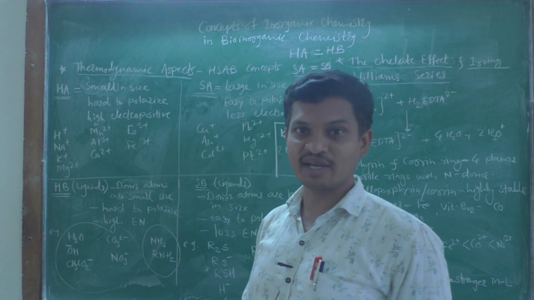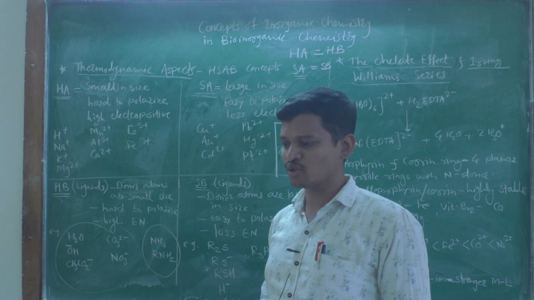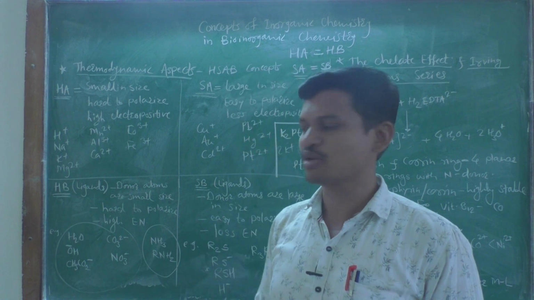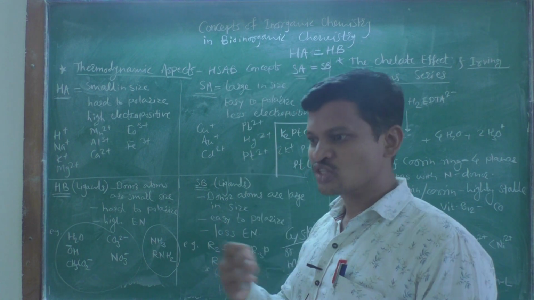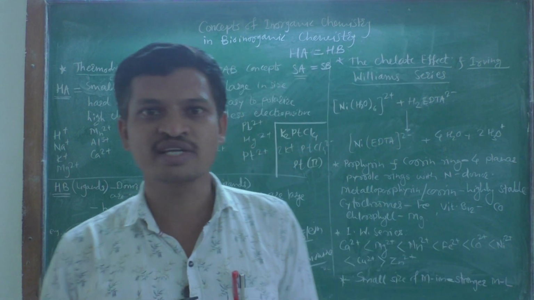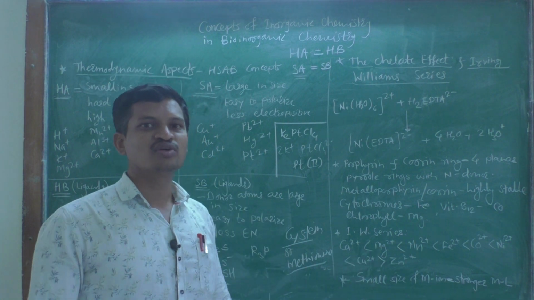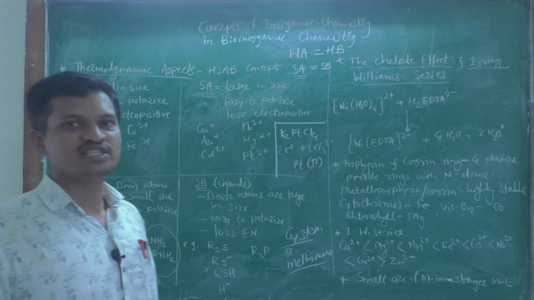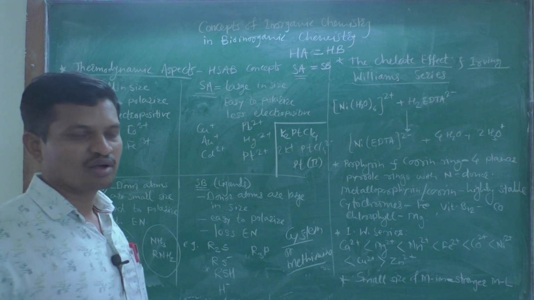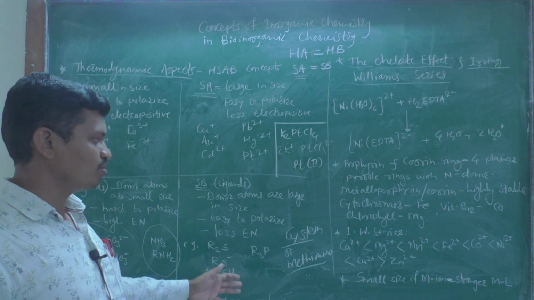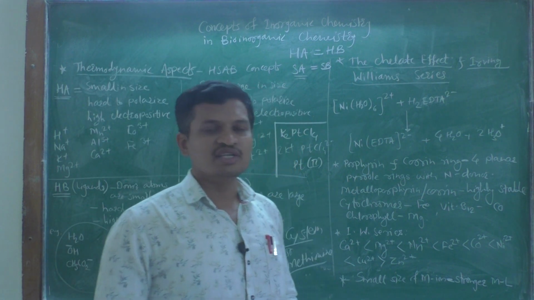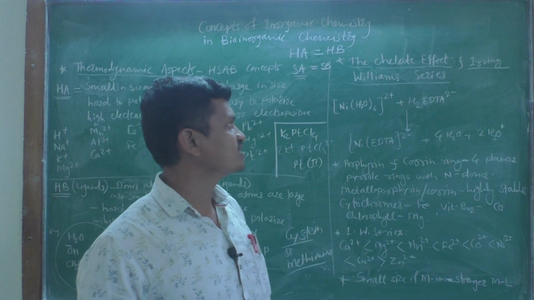For example, aspartate or glutamate have oxygen as donor sites in their side chains, but platinum 2 plus preferentially binds to methionine or cysteine, in which the donor site is sulfur. This is the illustration of the HSAB principle, and that is fulfilled by our biochemical reactions.